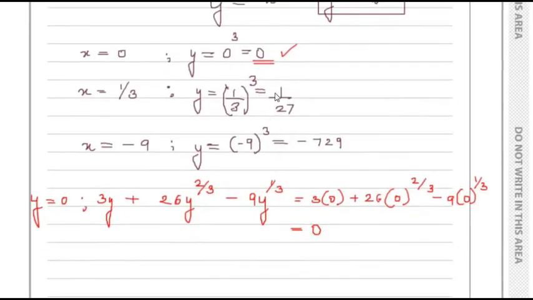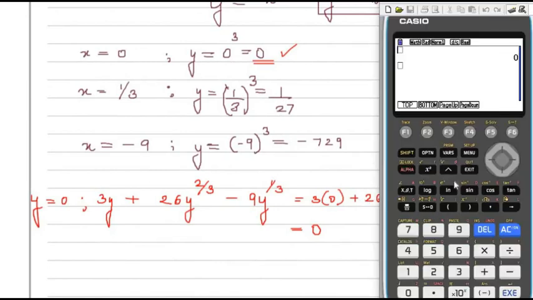So for the next one where we got 1 over 27, let me substitute and show it to you.